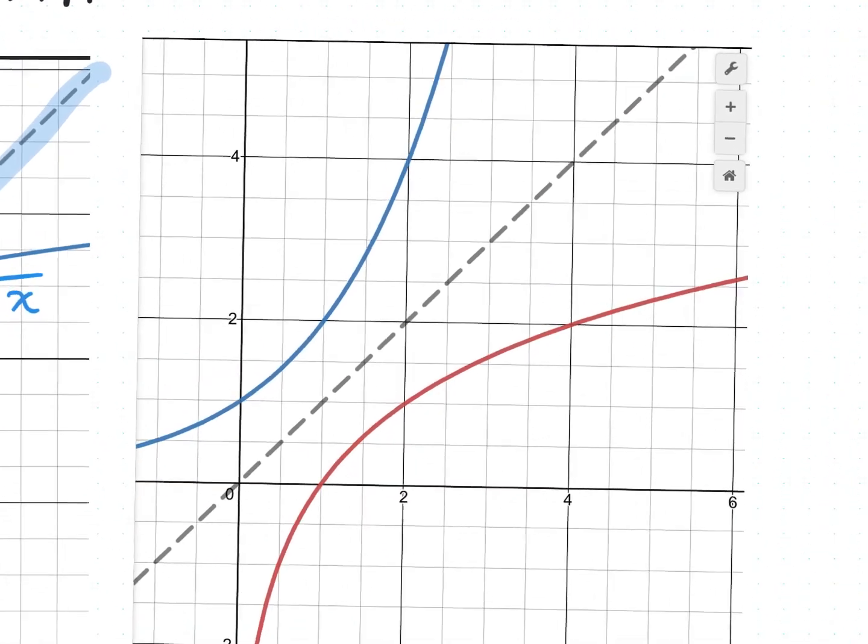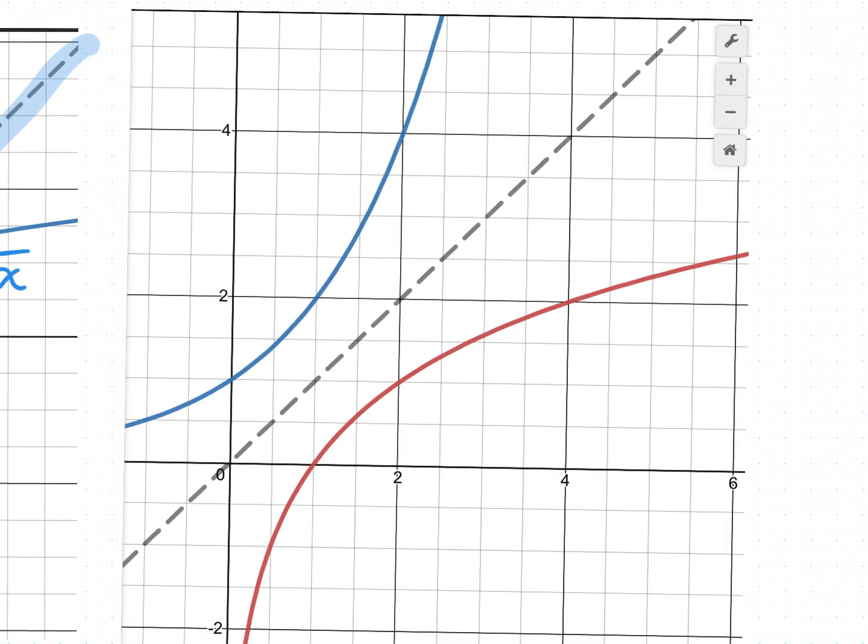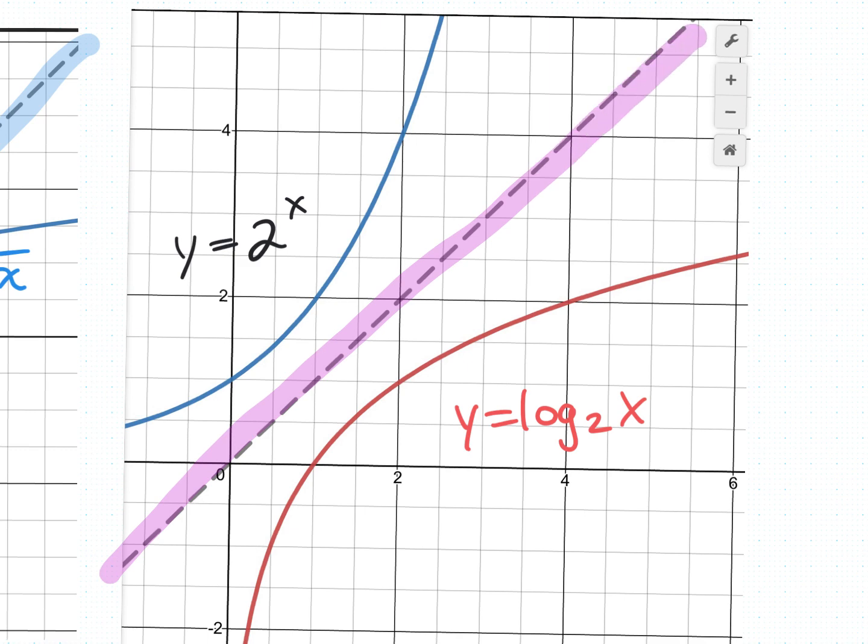And finally, where this really shows its use in this particular unit, on the left here, I have y equals 2 to the x, an exponential, and on the right, in red, y equals log base 2 of x. And again, these are inverse functions, and again, they are reflected over the line y equals x. So that's the big idea with inverses. Thanks for your attention.